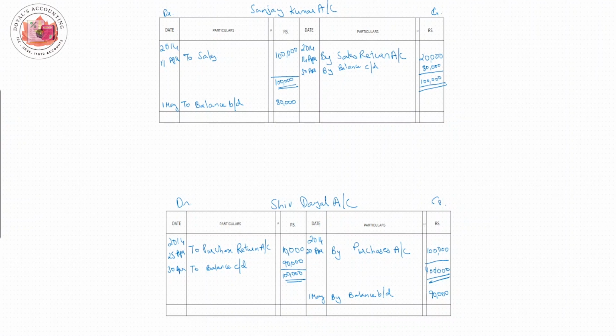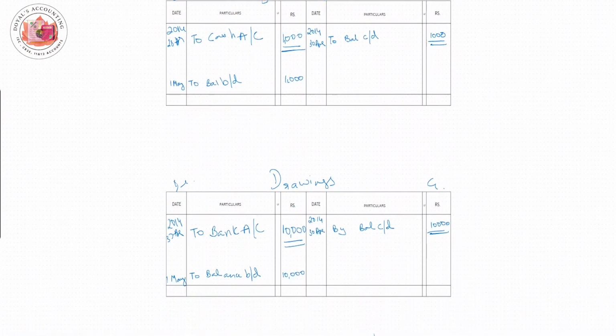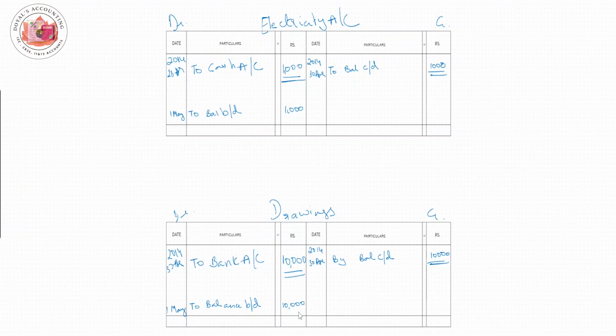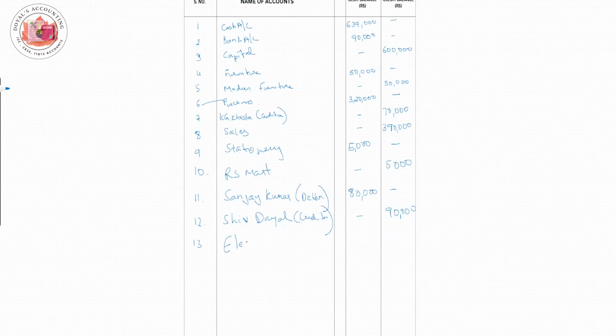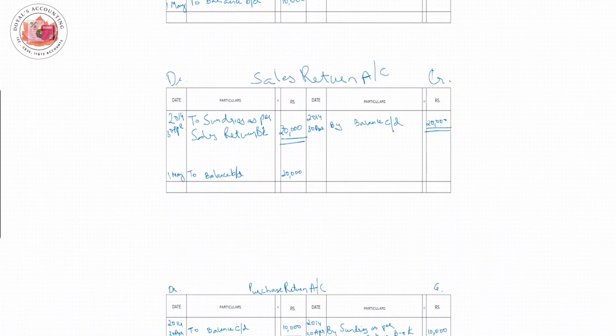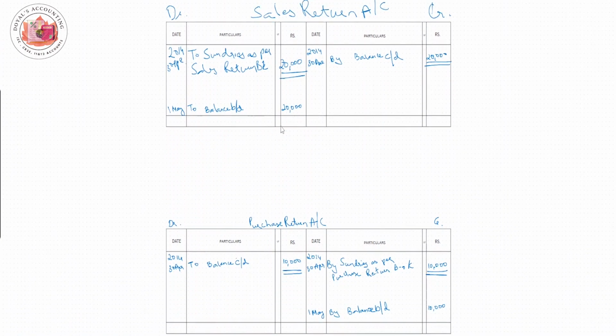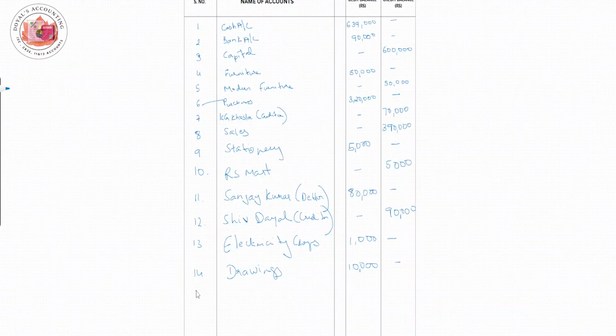Next, we have electricity account, debit balance 1,000 and drawings debit balance 10,000. Electricity charges 1,000. Number 14, drawings 10,000. Next, we have sales return account, debit balance 20,000.